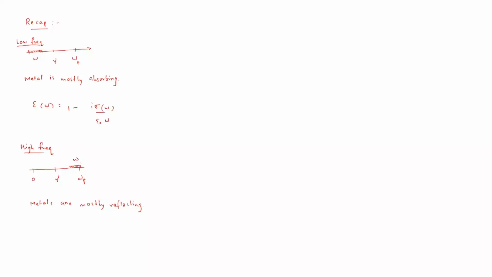It turns out that this frequency region is almost the visible region. That is why you see most of the metals are very lustrous and shiny. Okay, this was what we did in the last class.